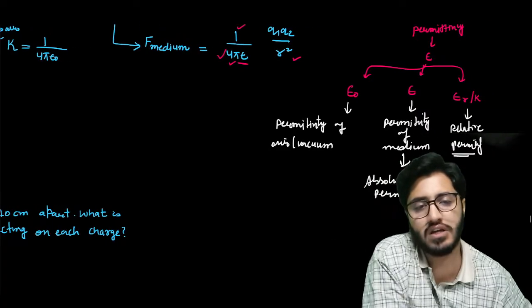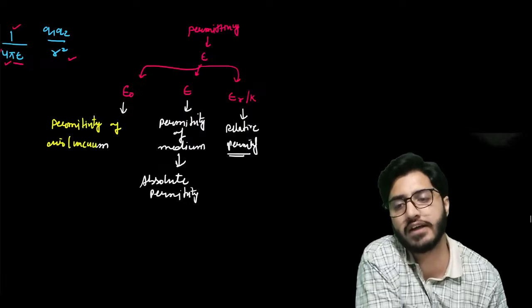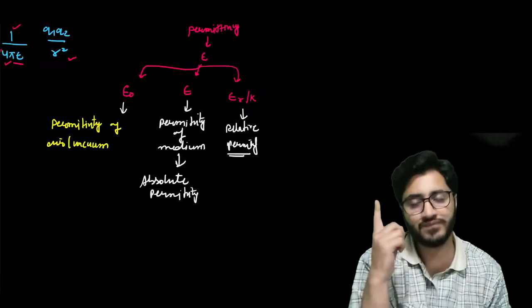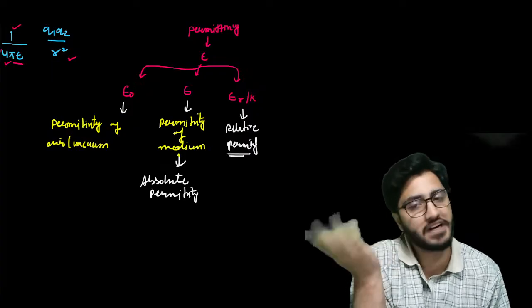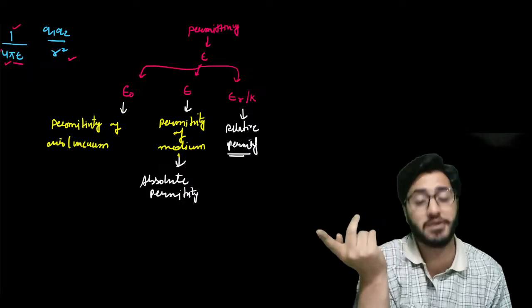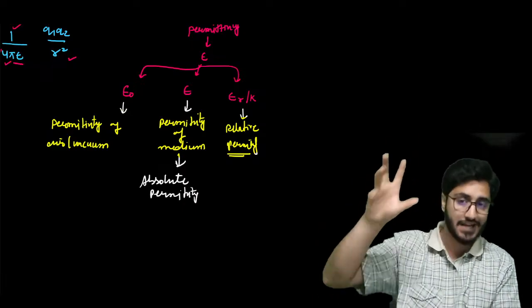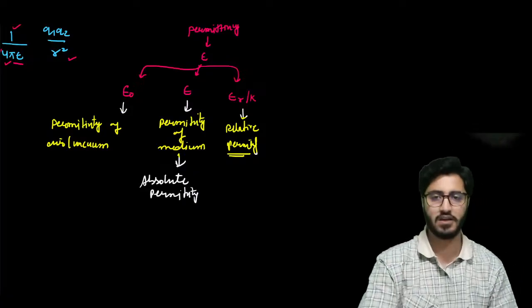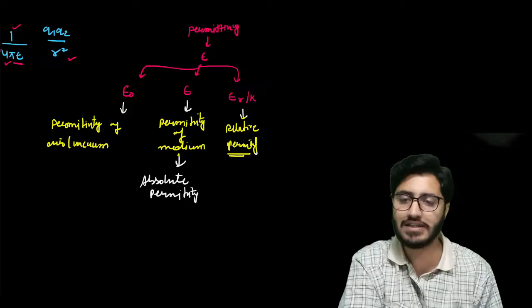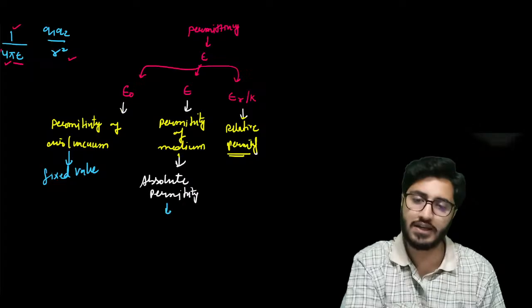So we have three types of permittivity. We have the permittivity of vacuum, which is a fixed value, because vacuum is only one. But for the permittivity of a medium, we have different media, and for different media we have different permittivity. Relative permittivity relates the permittivity of your medium to the permittivity of free space.